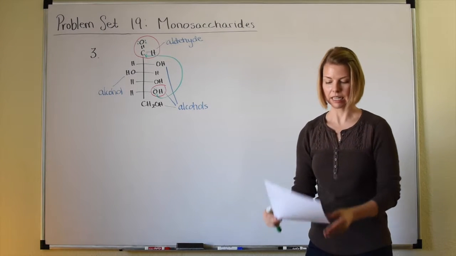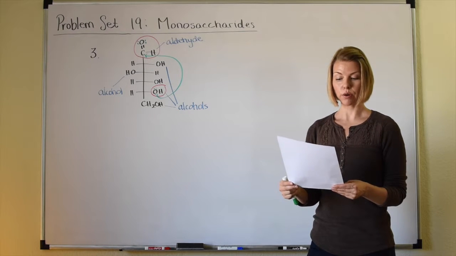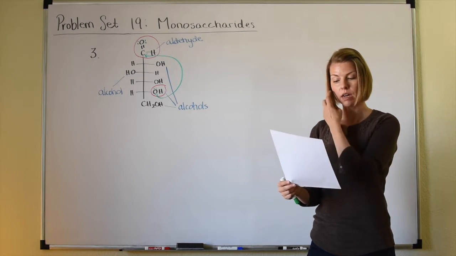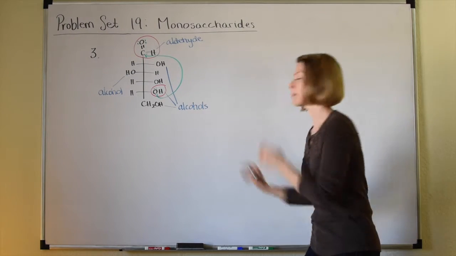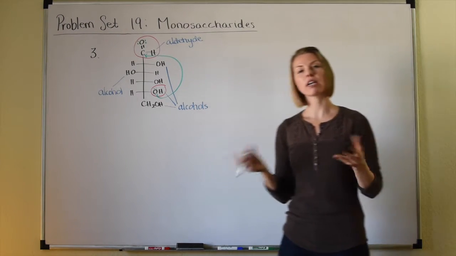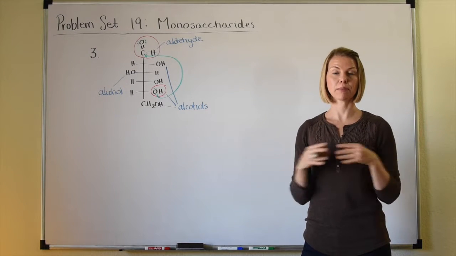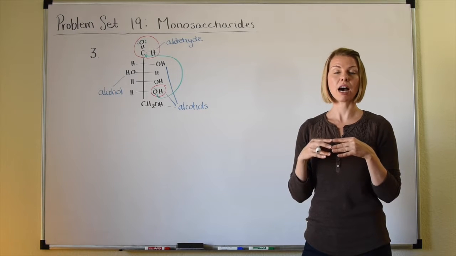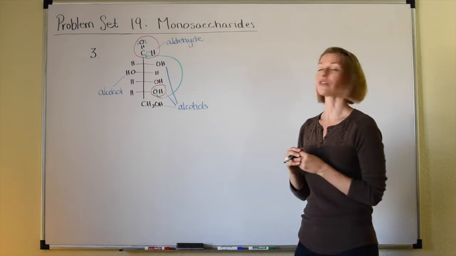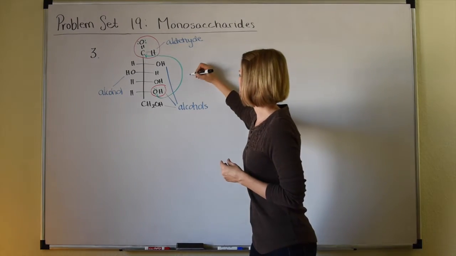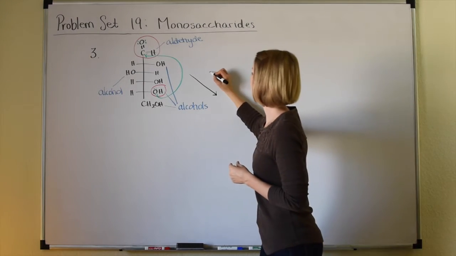And part C, draw D-glucose in the alpha and beta pyranose forms. Okay. Let's go back to the black pen here. All right, so let's go through the whole sequence of steps to get to the closed ring, the cyclic hemiacetal, just like we did in the tutorial. So the first thing that we want to do is lay the Fischer projection down on its side to the right.